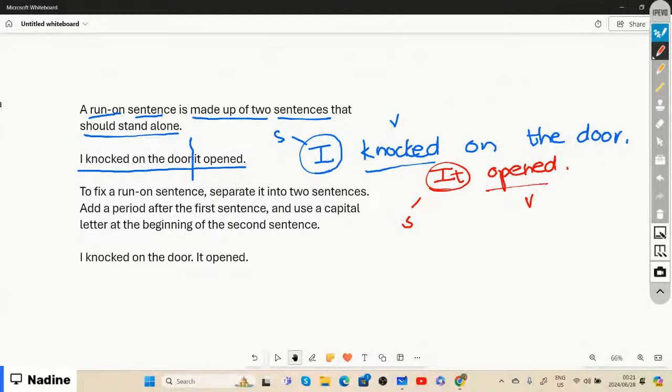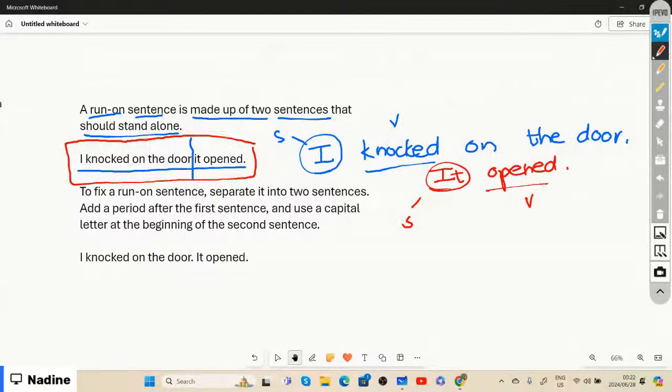If you look at both of those sentences, it is basically one sentence, but it should have been two sentences standing on their own. Yet it is one sentence, which means that we call that a run-on sentence. A run-on sentence is made up of two sentences that should have been on their own, right?